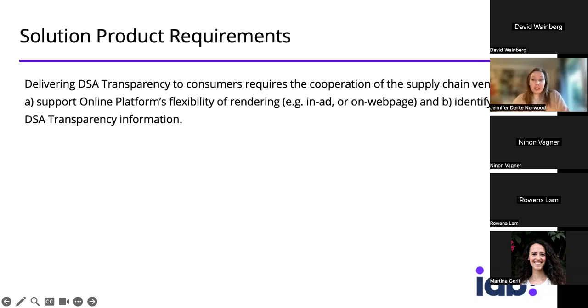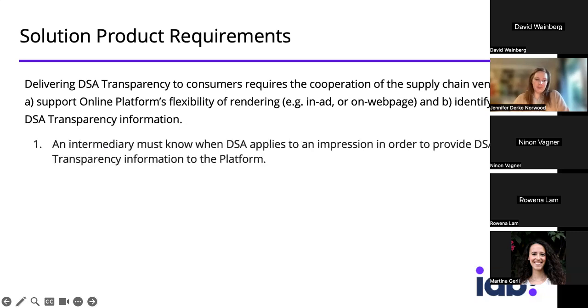And secondly, B, to actually identify the DSA transparency information. So specifically, who paid for the ad, on whose behalf an ad was served, and what user parameters are applied to the ad. Those are the three specific pieces pertaining to DSA transparency information.